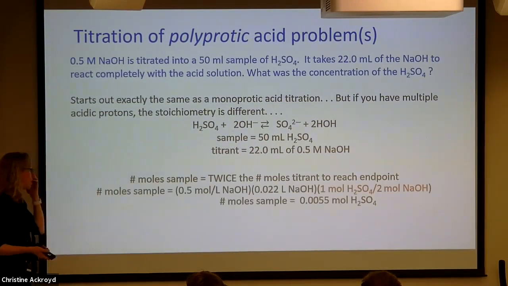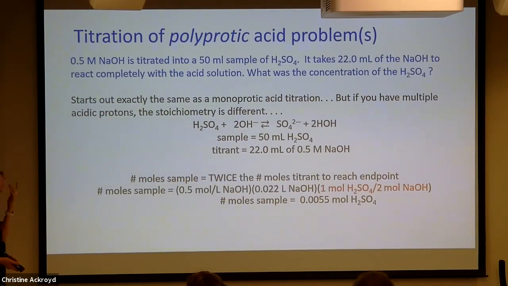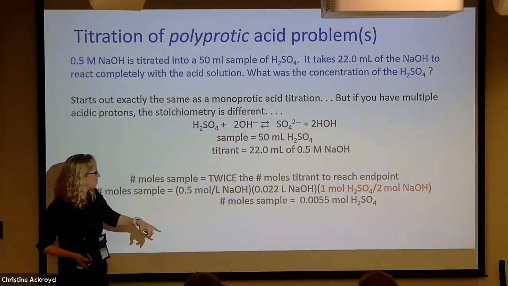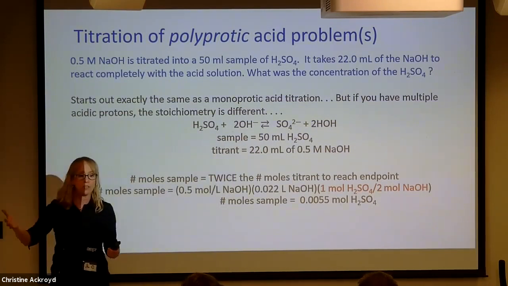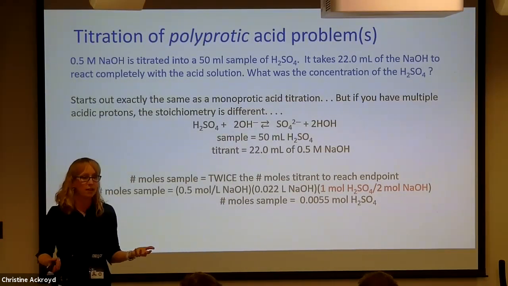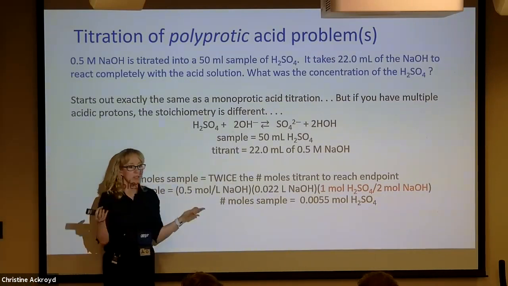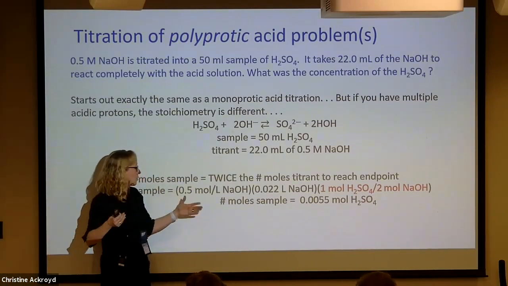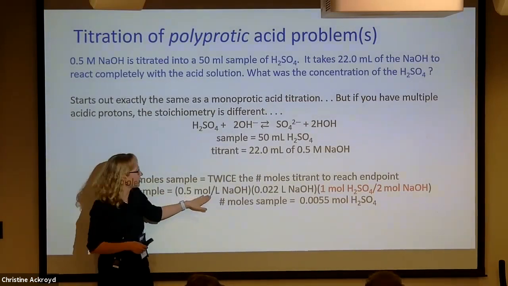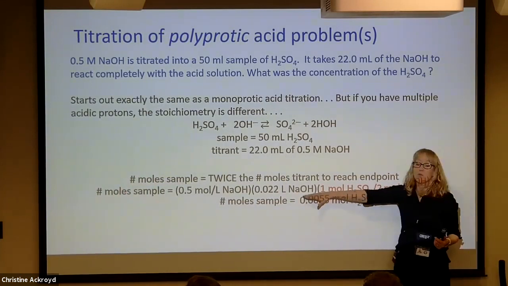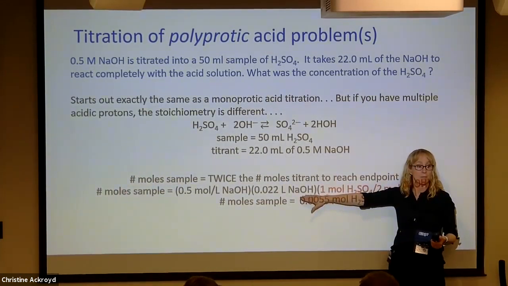Okay, how do we set up the problem? We figure out the concentration we want, the moles of sample divided by the liters of the sample, right? So let's calculate the number of moles of sample. It's related to the number of moles of sodium hydroxide to start with. Calculate the concentration of sodium hydroxide times the volume of sodium hydroxide. That gives us the number of moles of sodium hydroxide, right?